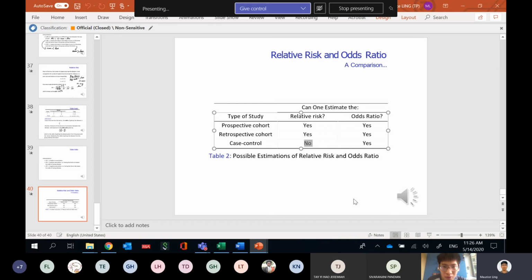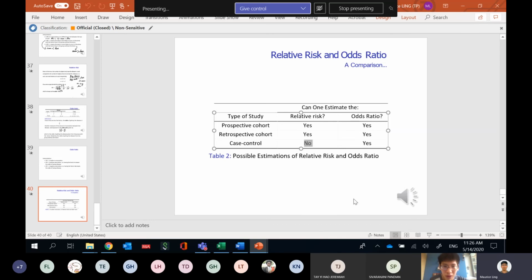It is not as suitable as odds ratio. That's what it means. So in other words, it's not the best measure. For a case control study, odds ratio is better than relative risk. But in a cohort study, relative risk is as good as odds ratio.